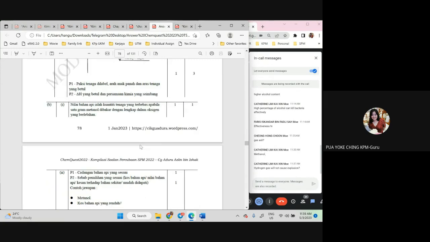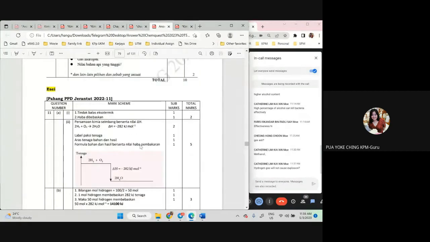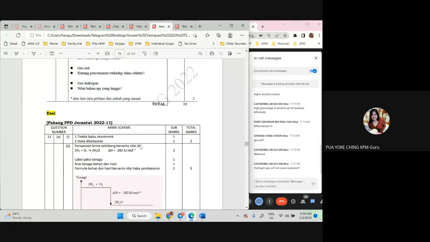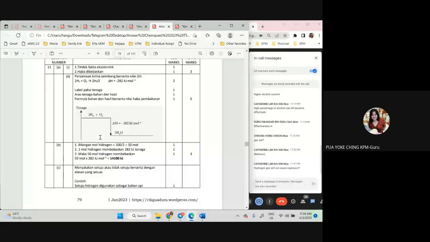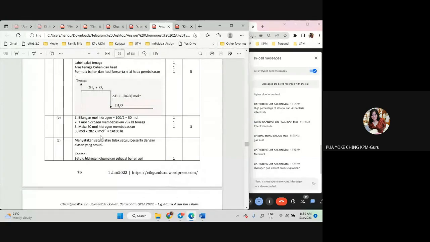Okay? So this is the fuel value. So usually fuel value questions are more open. It depends on how you answer. That's why gas hydrogen paling senang. Nilai bahan api yang paling tinggi, so produce more heat energy. So you kurang penggunaan fuel.